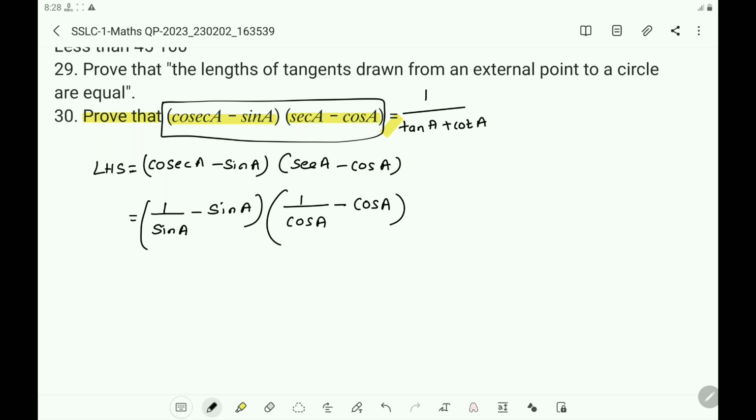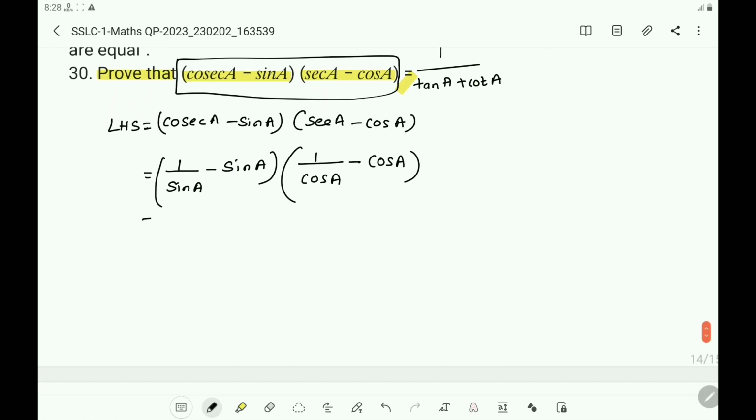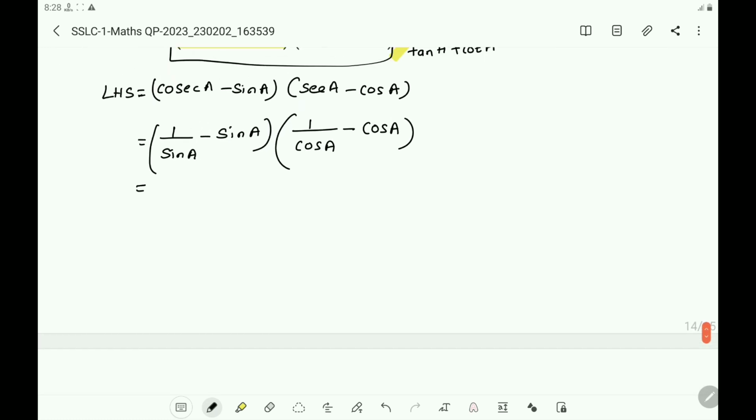Write this cos A as it is. That equals, take the LCM. The LCM is sin A. In the numerator it becomes 1 minus sin square A in one bracket.